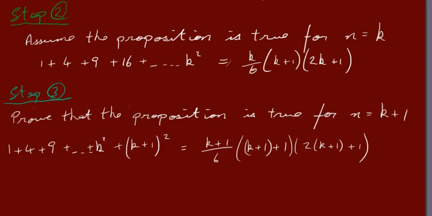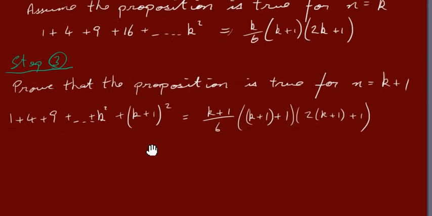Okay, so I've got to prove that the left hand side is equal to the right hand side here. Now if you look at the left hand side, from here to here is just the left hand side of our assumption. So I can substitute this part for it.